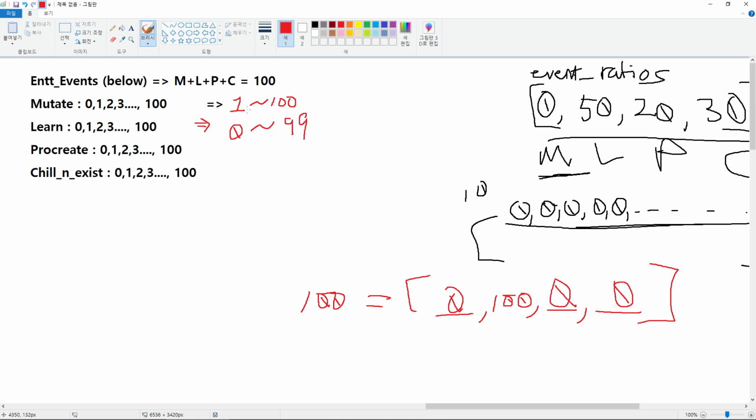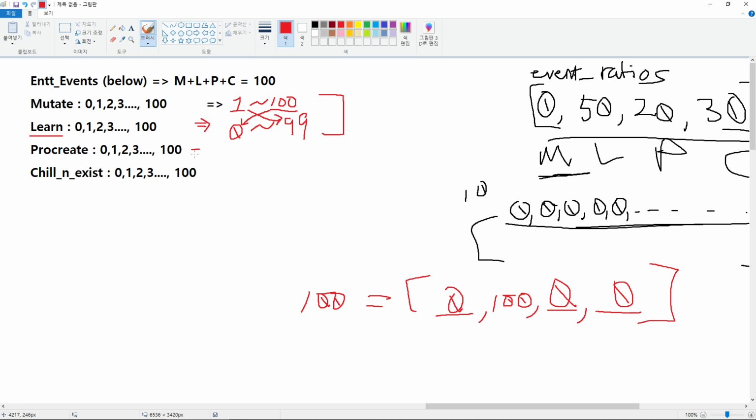So if this is 1, the learn ratio has to be 99, and if the mutation event ratio is 100, the counterpart for the learn has to be 0. Okay, so these are the minimum and the maximum values for mutate and learn.